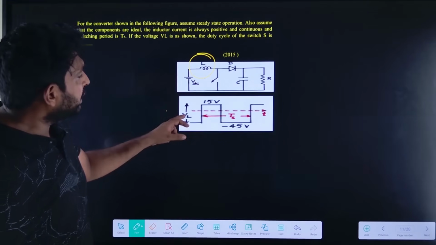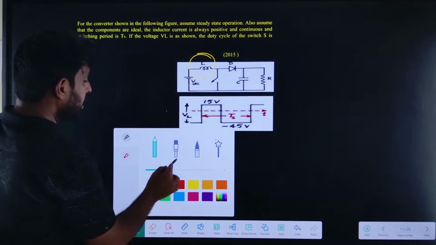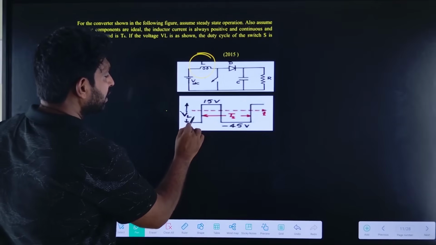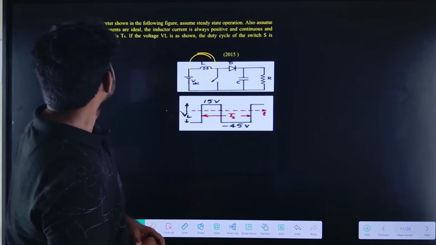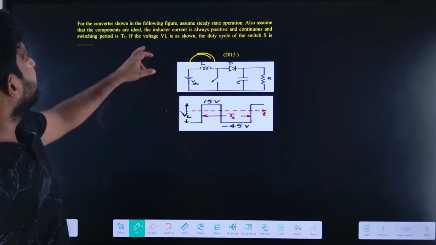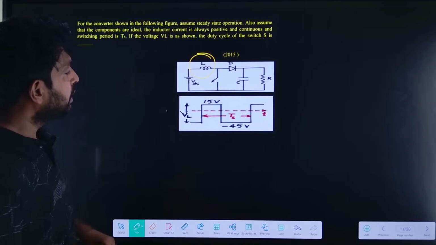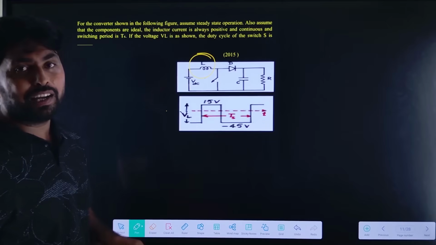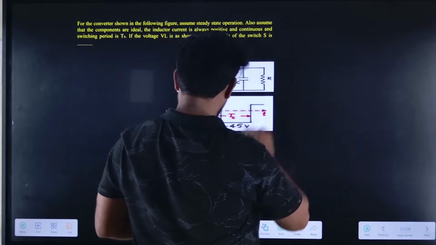Now, what have they given? The VL waveform. So what we need to find is the duty cycle of the switch. The VL waveform of the boost converter will be like this.